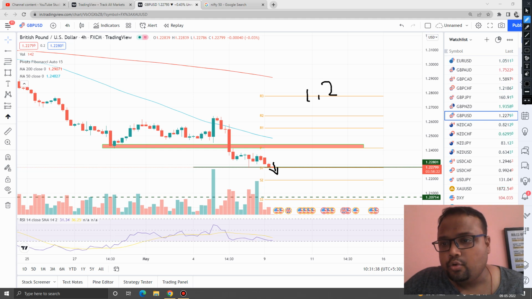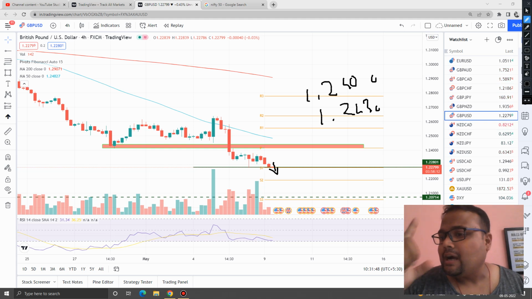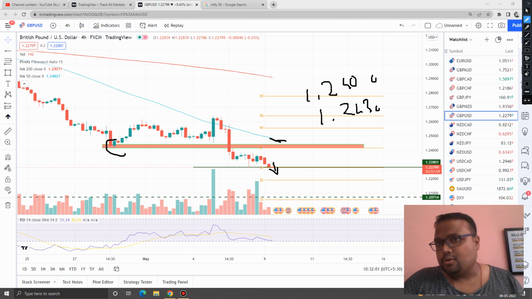around 1.2400 or 1.2430. Around this level, there is a possibility of market facing selling pressure again. So if market goes up from here, then around this level we have the 50 moving average as dynamic resistance, and previously this was the same level which acted as minor support also.